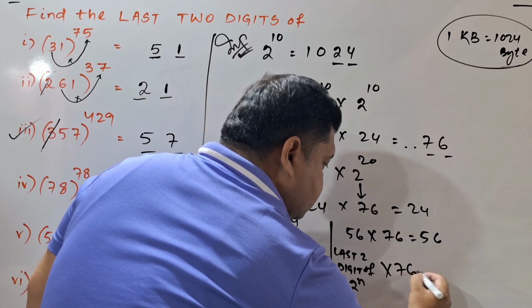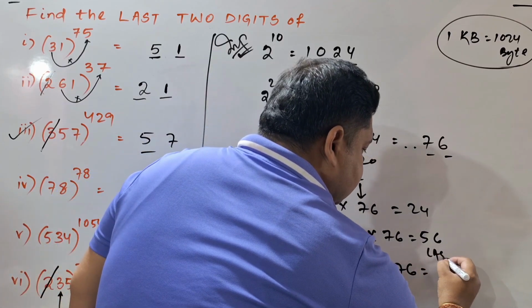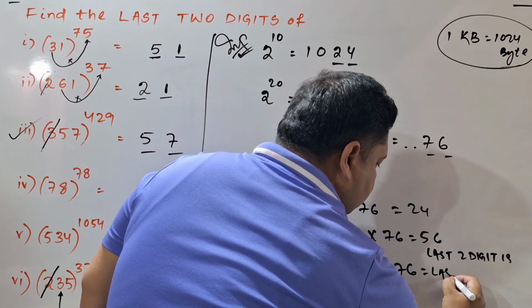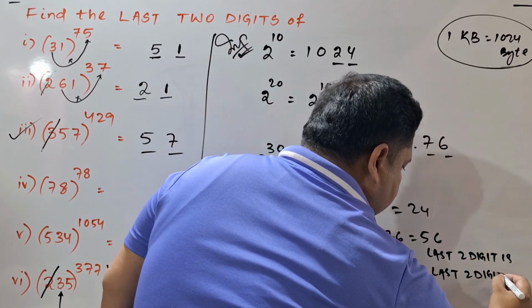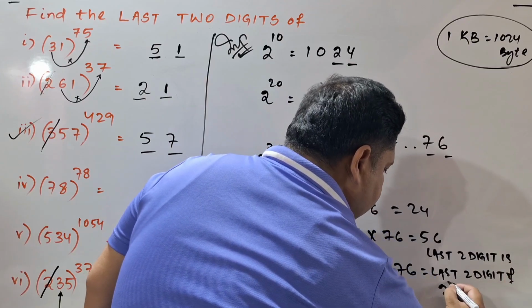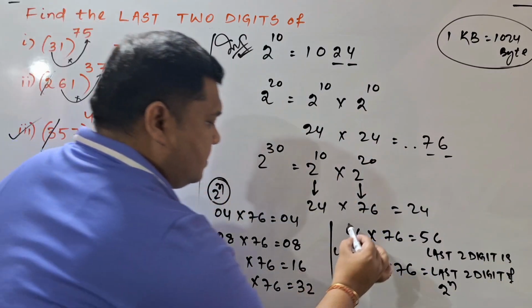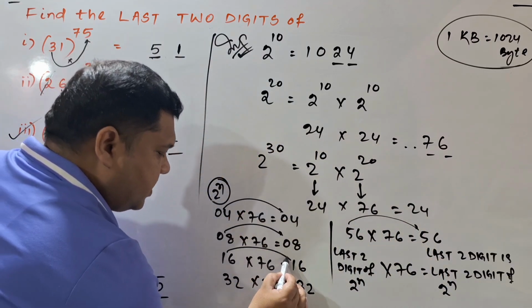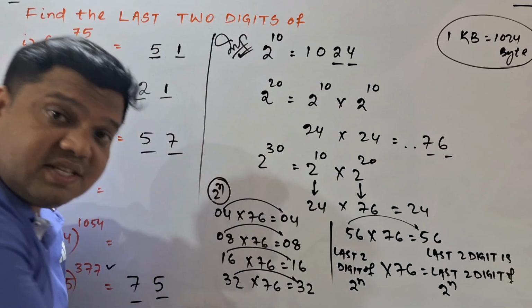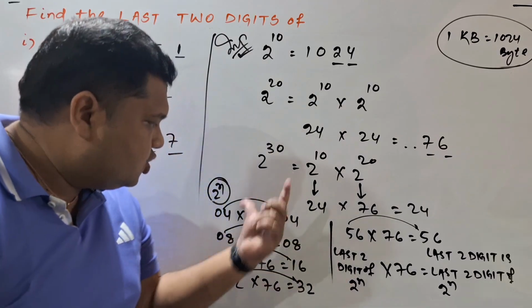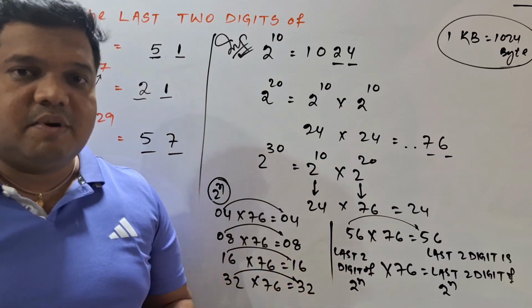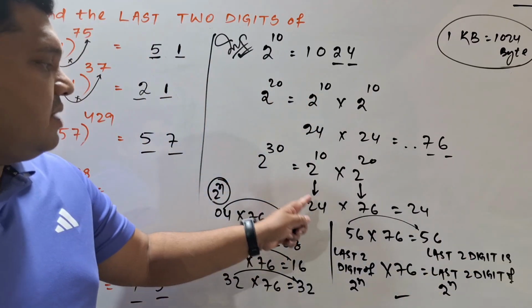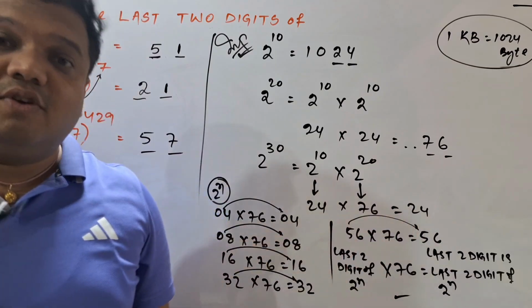Whenever it is multiplied with 76, the last 2 digits are the last 2 digits of 2 to the power n. It means you just copy paste. Understood now? When it is multiplied with 76, you use the calculator, check all these values, then remember. Okay, very interesting. This is the result, this is the conclusion you can say. That's why here I am writing 24 into 76 is equal to 24.